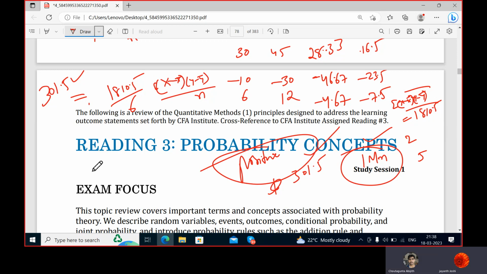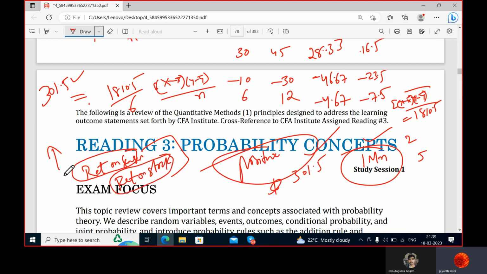That means if I take this example about the returns on Sensex and returns on stock, I can just tell that they have a positive relationship, but I cannot tell the strength of the relationship between them. That means if Sensex would increase, by what percent is the chance that the return on stock would also increase?